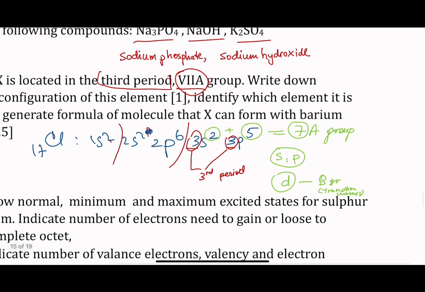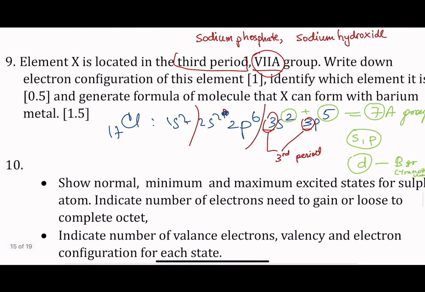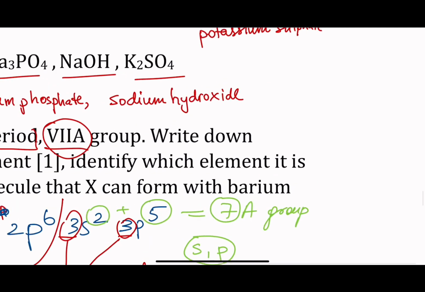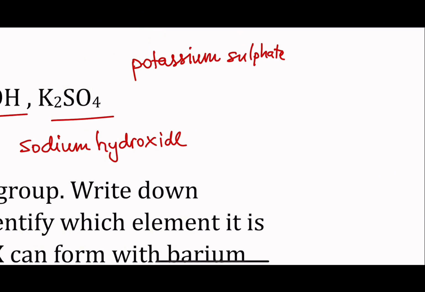Okay, so identify which element it is. Generate the formula of the molecule that X can form with barium metal. Okay, so barium is a second group element. You will see it's an alkaline earth metal.